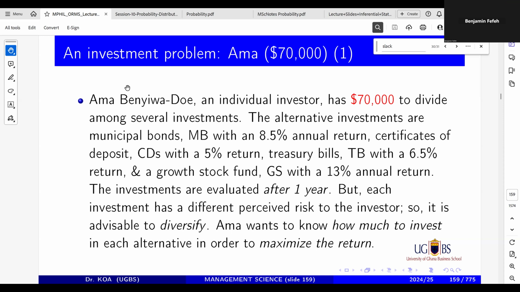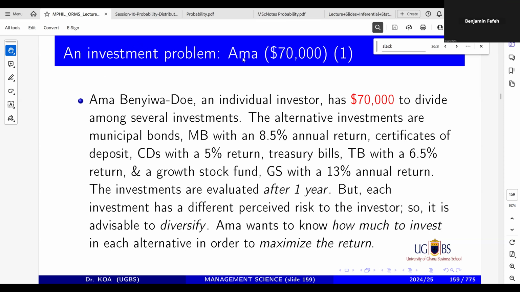Yeah, Benjamin. Okay, so maybe because we can't work with the percentage, we change the percentages by dividing them by 100. So maybe we are maximizing.